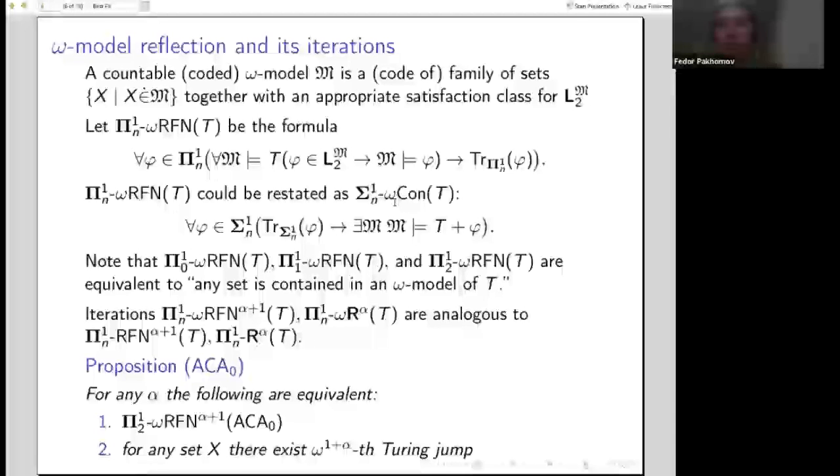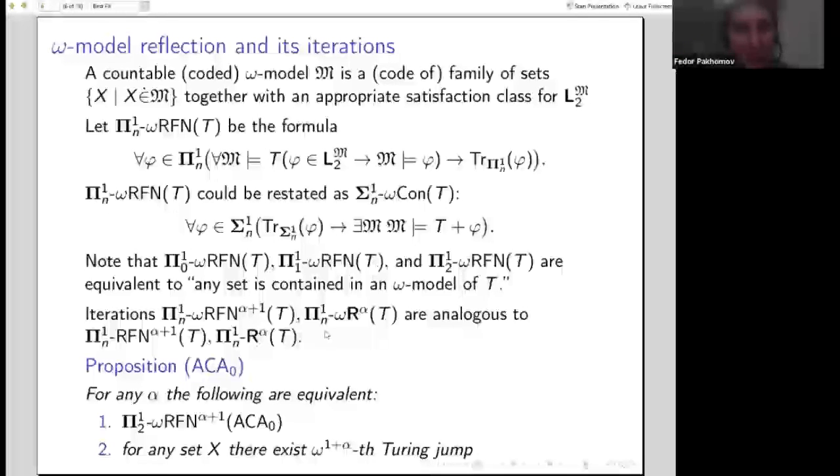So there is no real difference between omega model reflection and usual reflection in the sense of how it's stated. But in fact, iteration of Π12 omega model reflection over AC naught could be restated in a very familiar way.